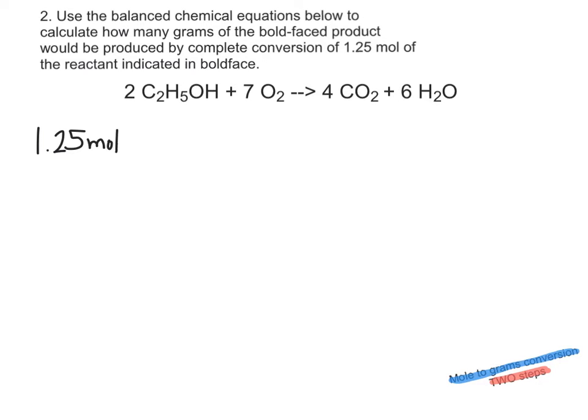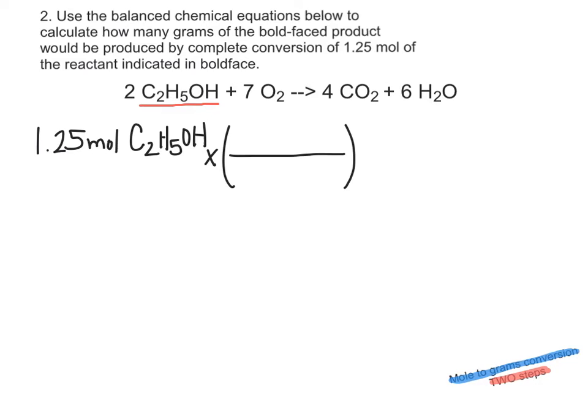Well, in this case, the reactant in boldface is C2H5OH. So that is the reactant we're using here, C2H5OH. And it's very important that every time you write down all the information so that we can do our conversion correctly. So our first step is that we want to cancel moles of C2H5OH.